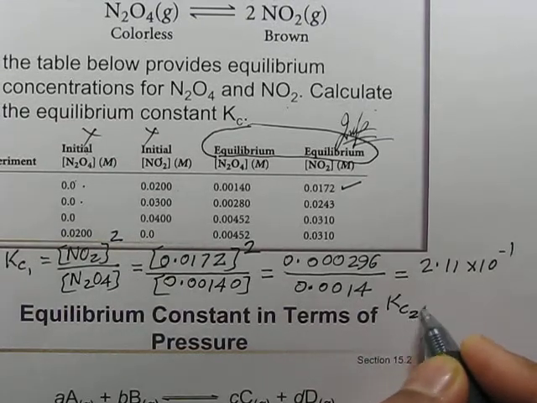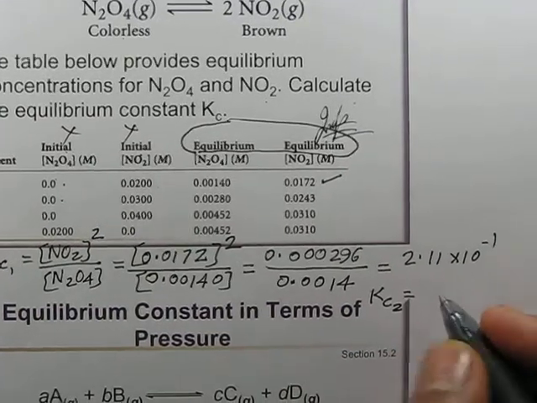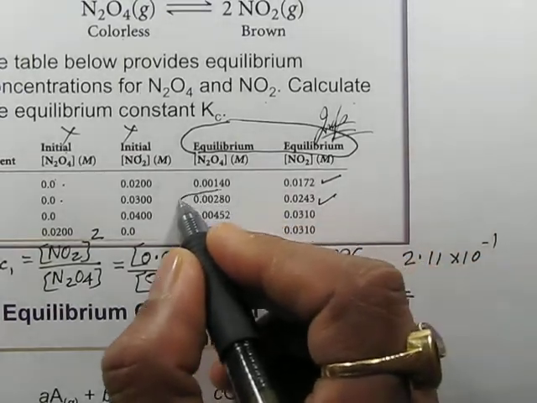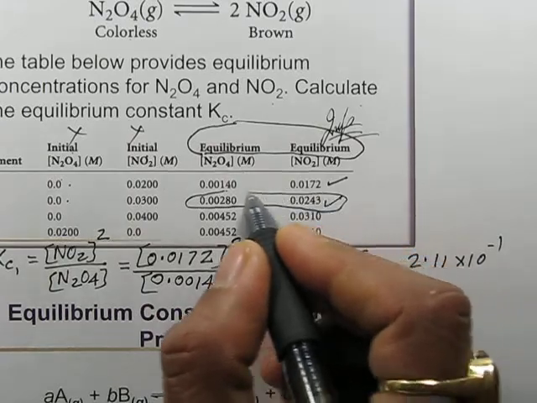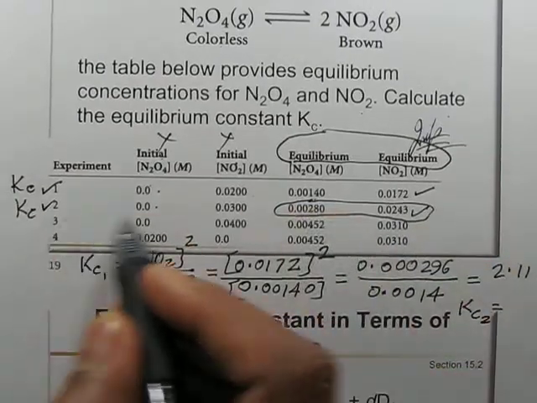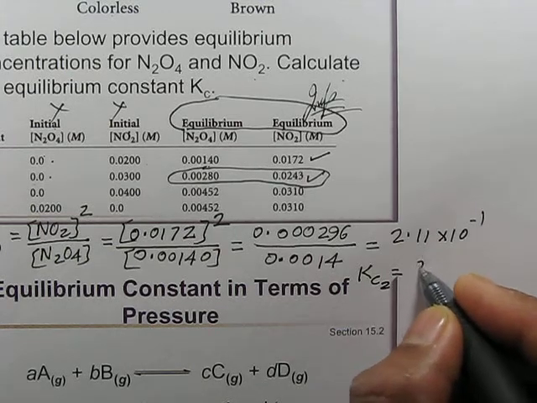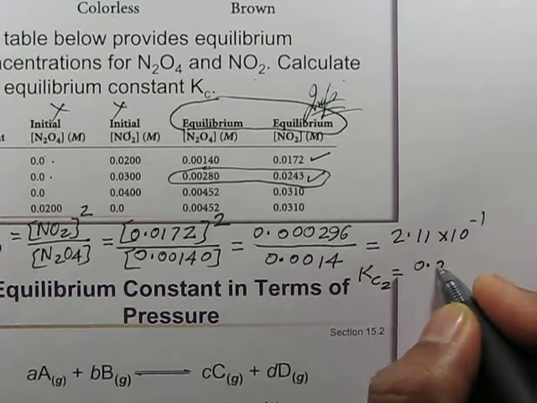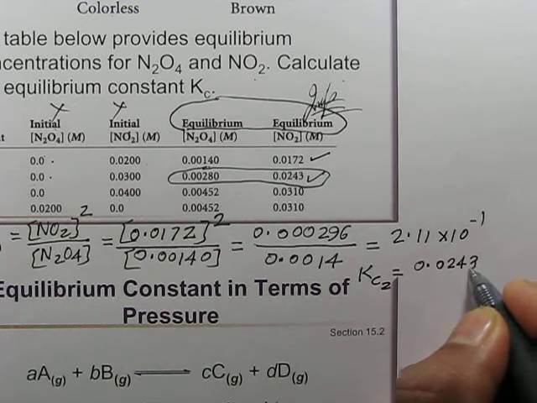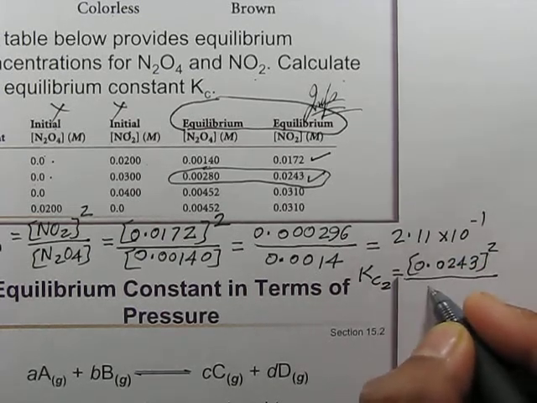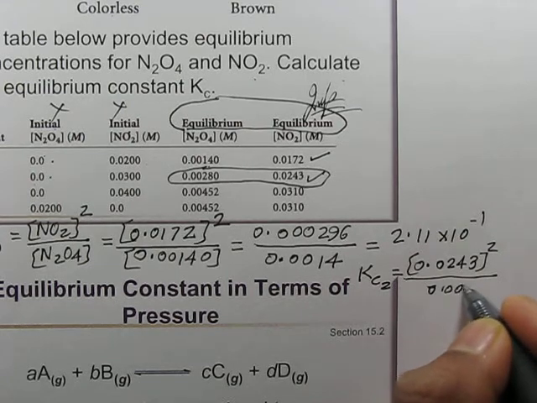Kc number 2. For Kc number 2 we are going to use these values, which are for experiment number 2. So this will become 0.0243 raised to the power 2, divided by 0.0028.